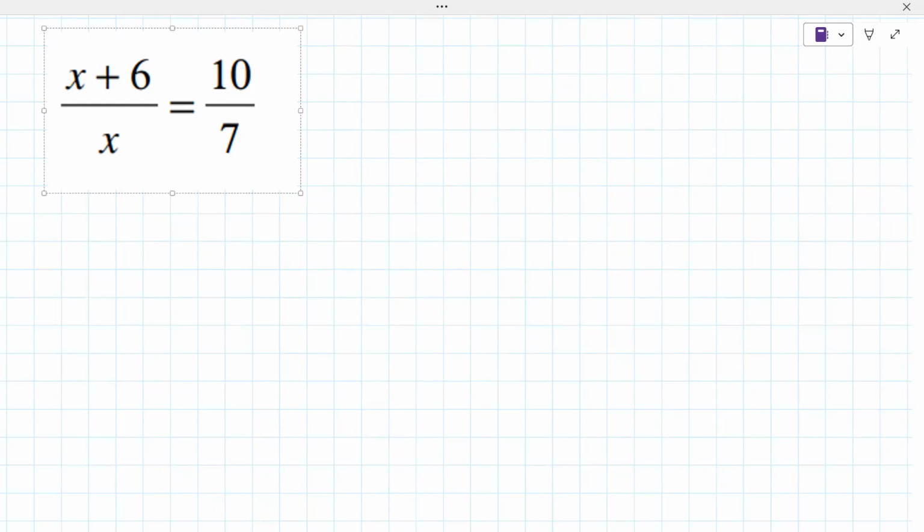X plus 6 over X equals 10 over 7. First one would be 10x equals 7x plus 42.